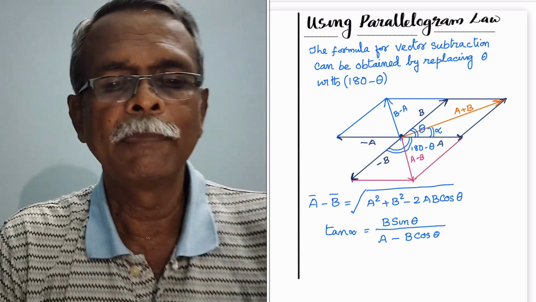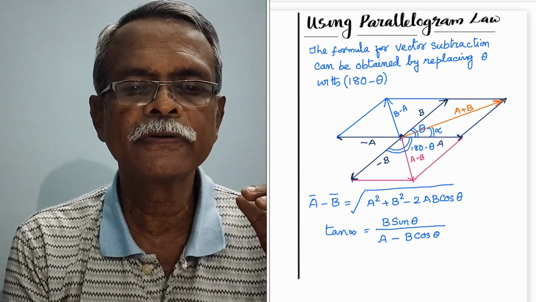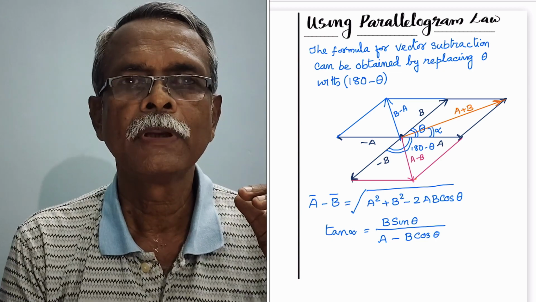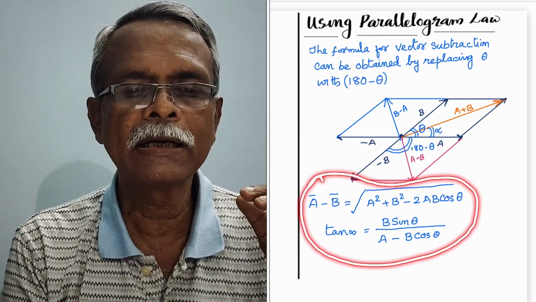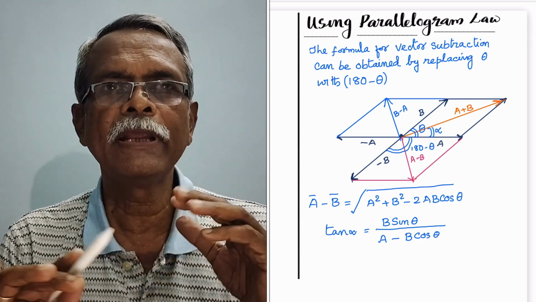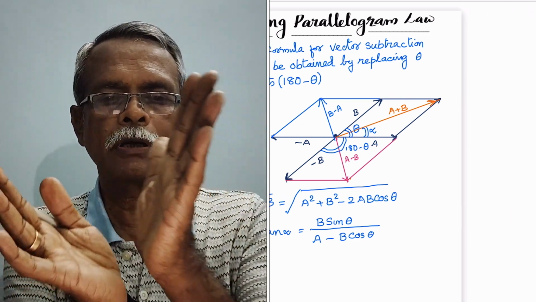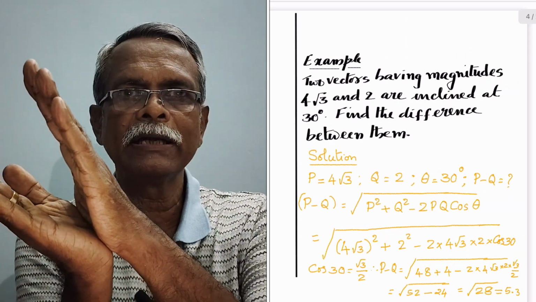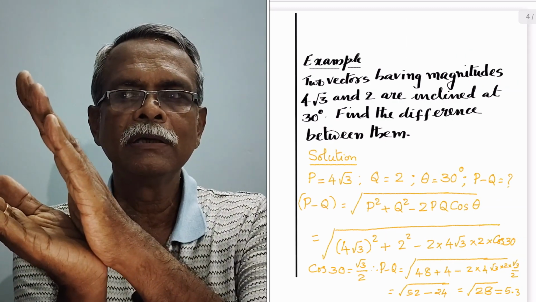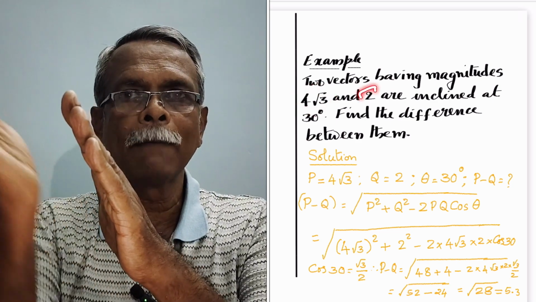We will take an example. Two vectors having magnitudes 4 root 3 and 2 are inclined at an angle of 30 degrees. Find the difference between them. If you consider the parallelogram, we will get the sum.